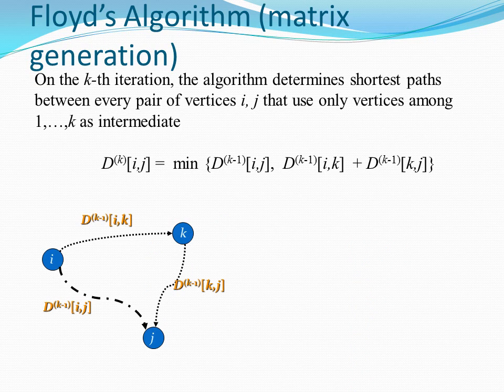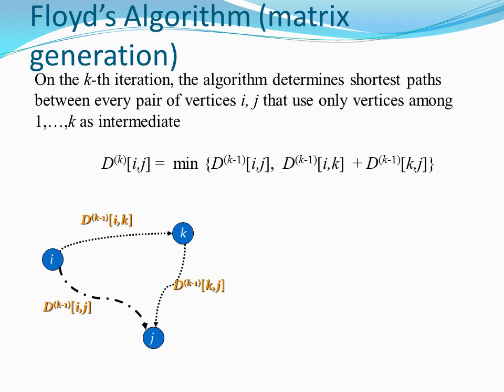Floyd's algorithm. On the kth iteration, the algorithm determines the shortest path between every pair of vertices i, j that use only vertices among 1 to k as intermediate. The recurrence relation for this is d of k i, j equal to minimum of d of k minus 1 i, j, and d of k minus 1 i, k plus d of k minus 1 k, j.